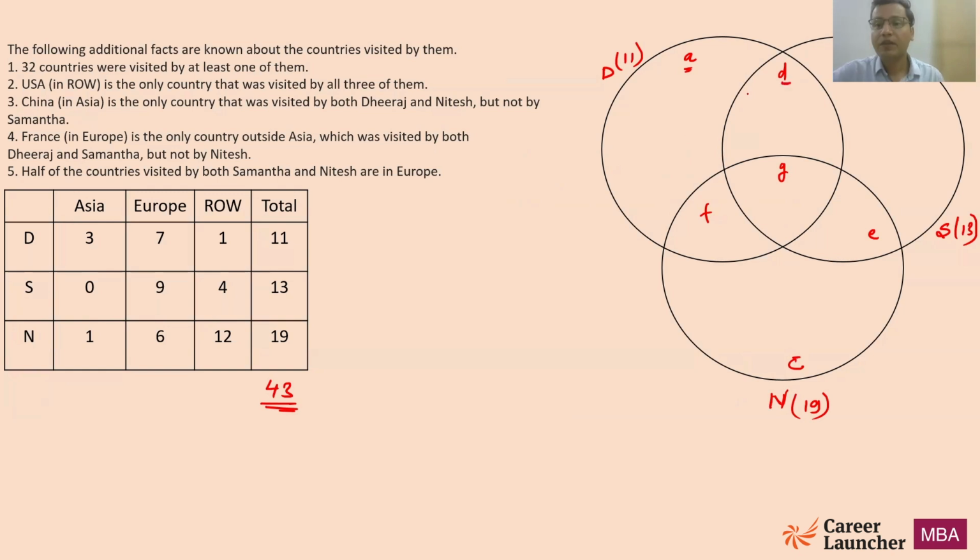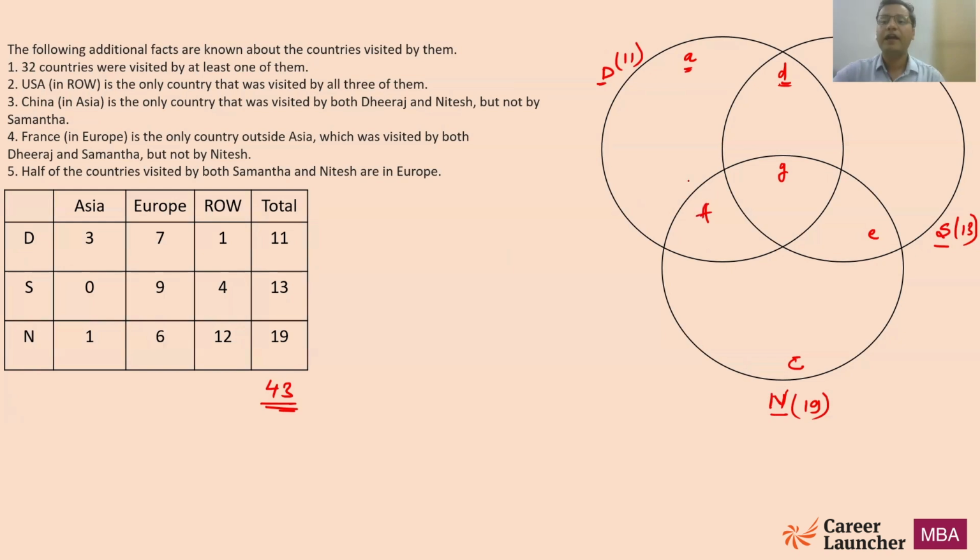Similarly, D is the number of countries visited by Dheeraj and Samantha, not by Nitesh. This is the overlap of Dheeraj and Samantha only. There is no intersection with Nitesh, right? Similarly, E is the overlap of Samantha and Nitesh, with no intersection with D. So E is the total number of countries visited by Samantha and Nitesh together, and Dheeraj is not involved at all.